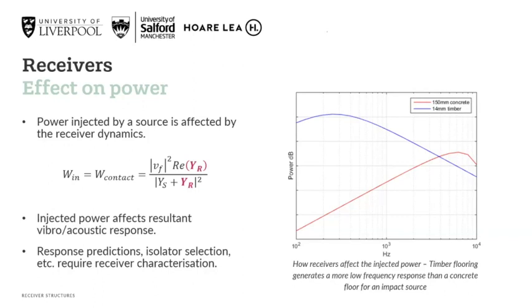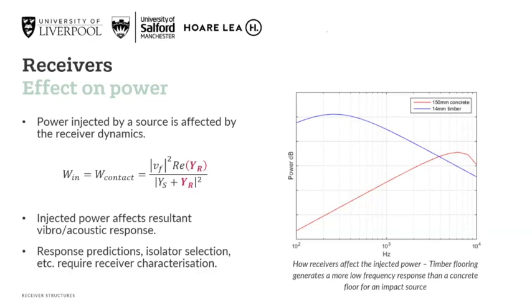Now, everything can be traced back to power. So if you wanted to make a prediction, or understand how a receiver might produce a response, whether an airborne noise response or a vibration response, we need to understand first how much power has been going into the receiver.